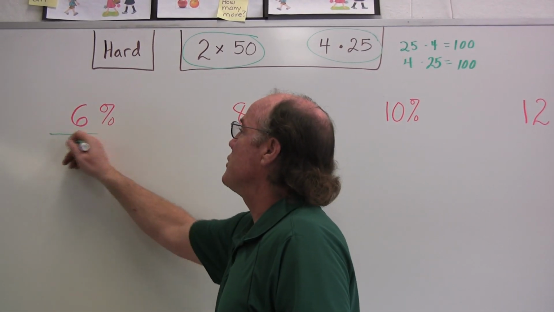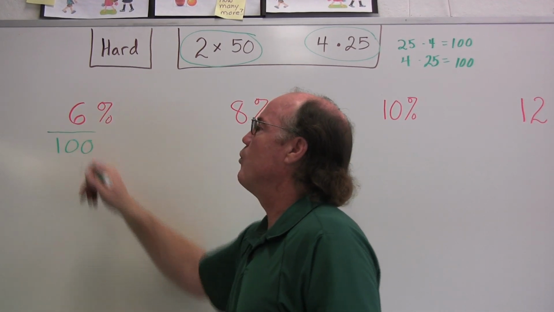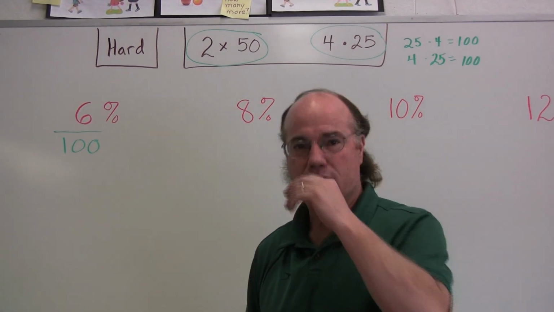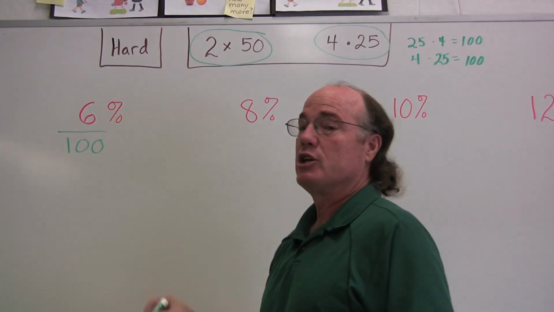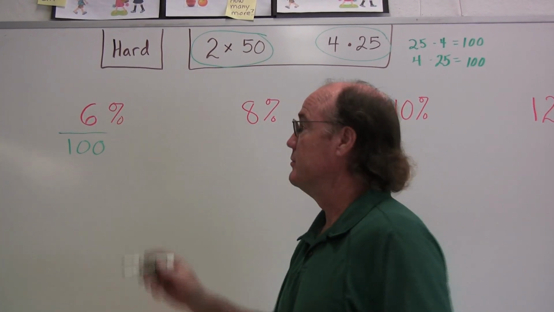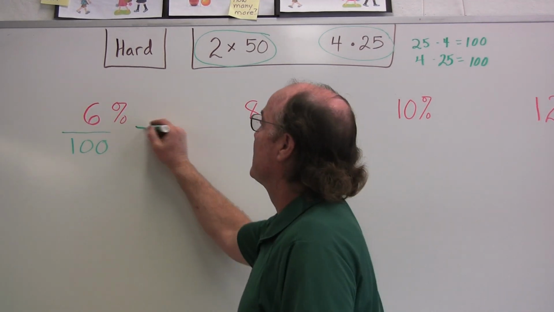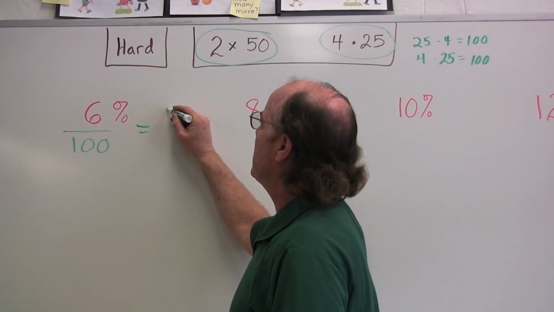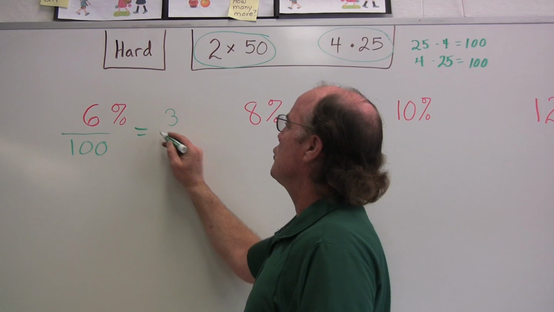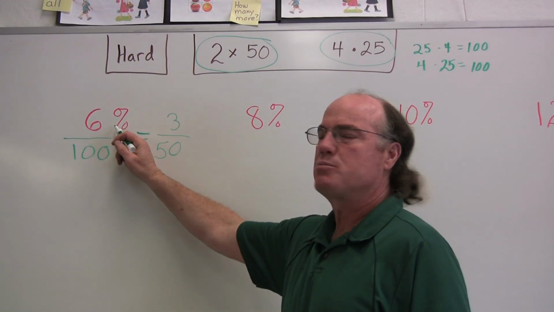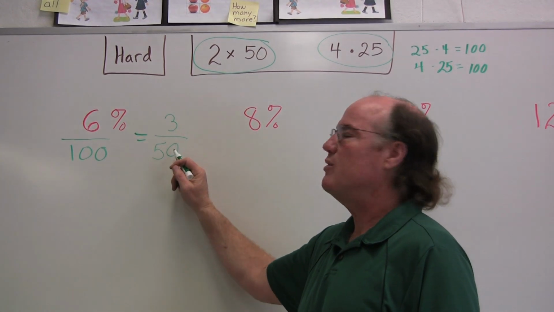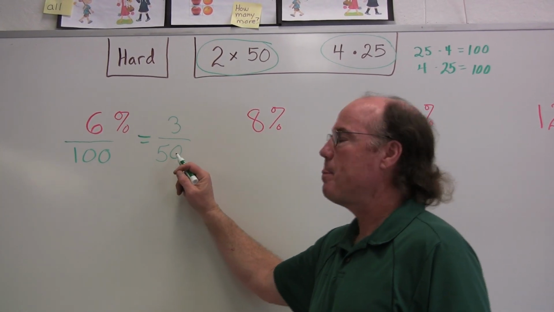Okay, 6% is 6 parts out of 100. Now we ask ourselves, which can go into both of these evenly? 2 or 4? Well, 2 can. So we get 3 times 2 and 50 times 2. 6% reduces to 3/50. Okay?